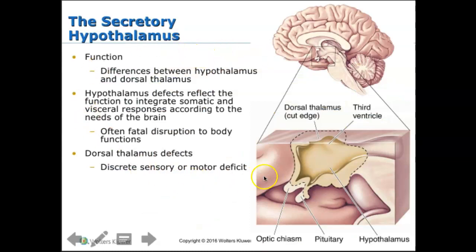Now, the hypothalamus sits directly underneath the thalamus. So hypothalamus function is quite different from thalamic function. You really can't live with an injury to the hypothalamus because of what it controls.